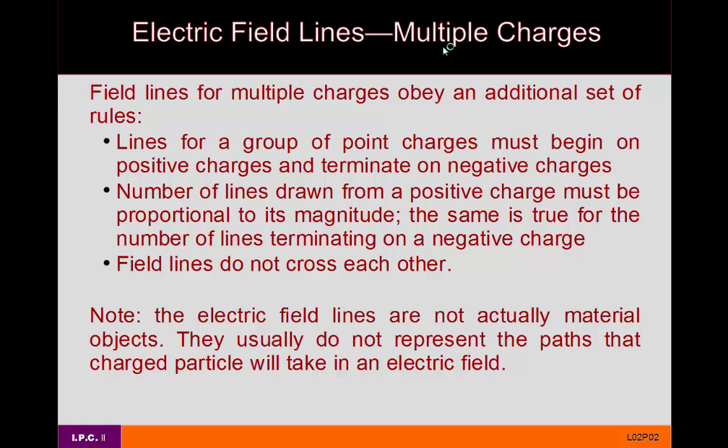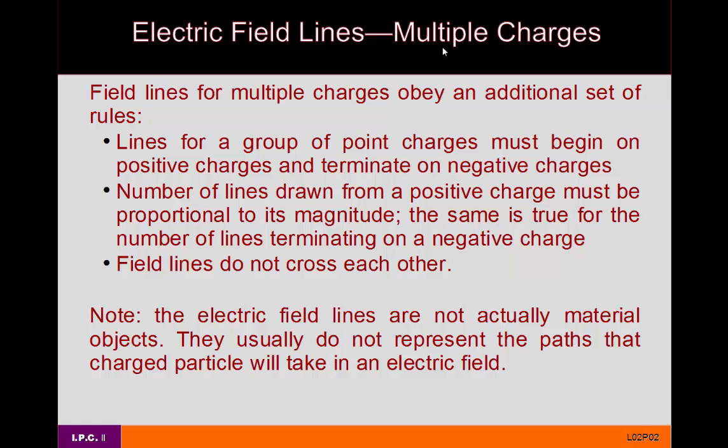And then we move our point P around and figure out what the electric field is doing at point P. And then we draw our lines accordingly. Now, with that said, that's actually a pretty complex way of going about things. There are a few simple, or relatively simple, rules that will make this process a lot easier for us.